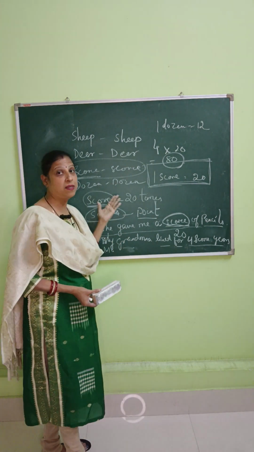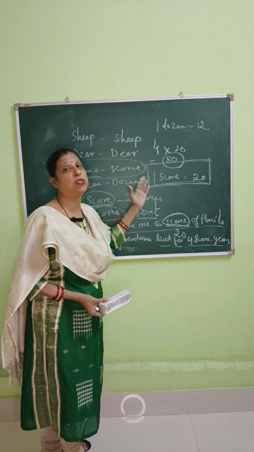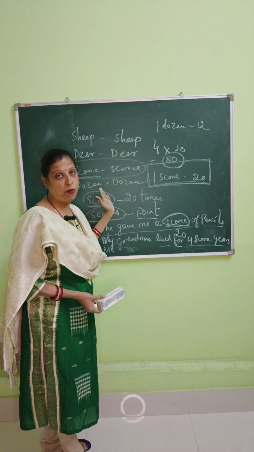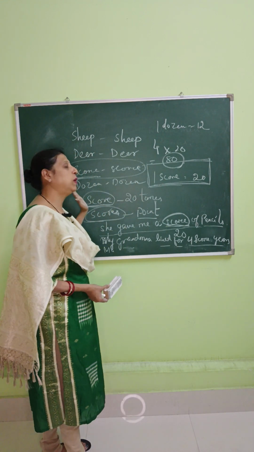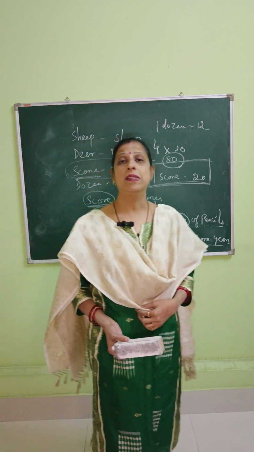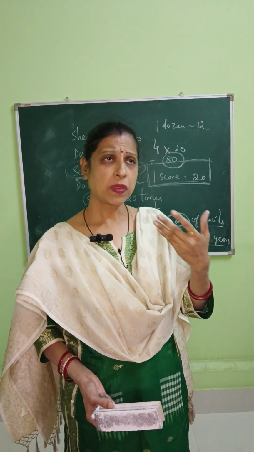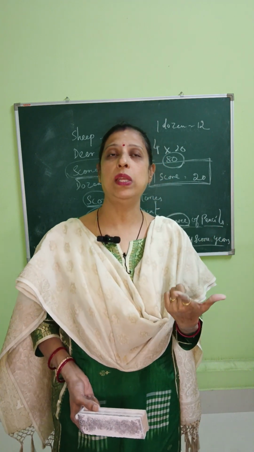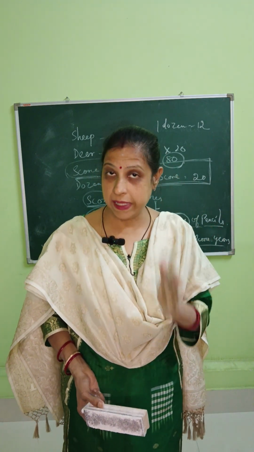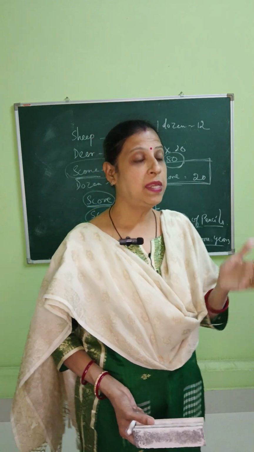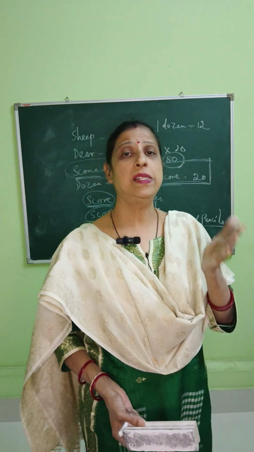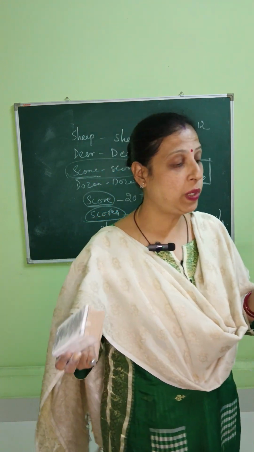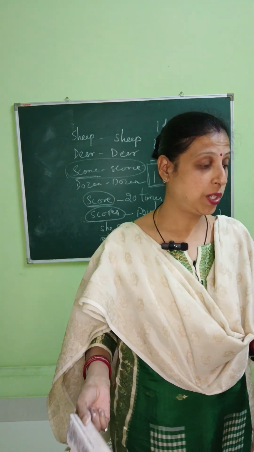But when I am saying it's a dozen of bananas, these dozen changes into this dozen. It will not change its plural form by adding s to it. It will remain as it is in its singular form. So there are some singular nouns which remain the same in their plural form. Both will be the same and it will not change.